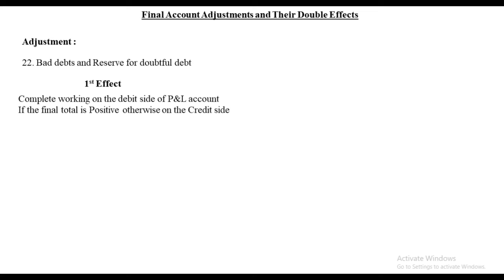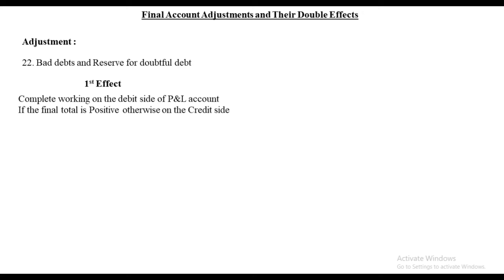Now adjustment 22 is based on bad debts and reserve for doubtful debts. Always remember, the first effect is that the complete working of bad debts and reserve for bad debts should come on the debit side of P&L account if the final total is positive.